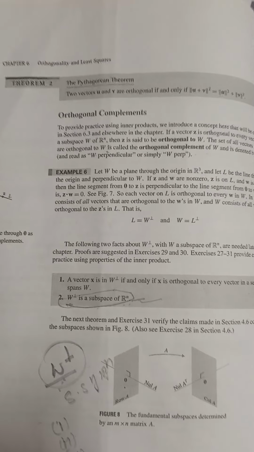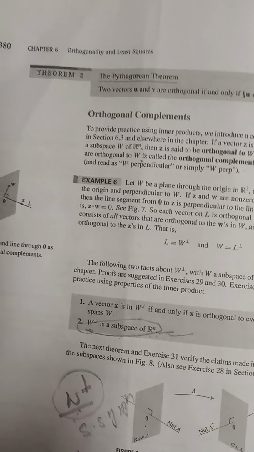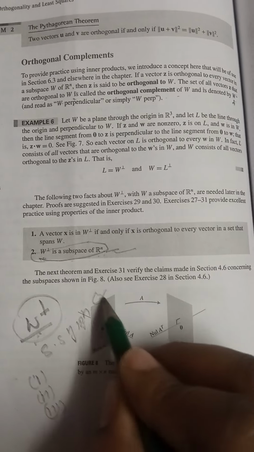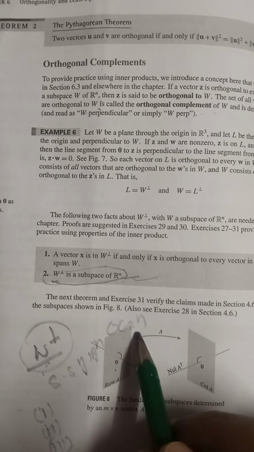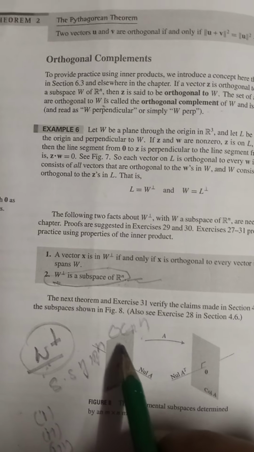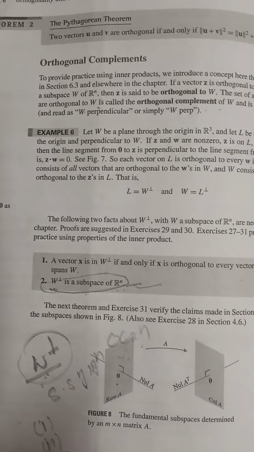Right? Now see, next we have to show that the zero vector in R power n is also in W complement. Now you take the zero vector in R power n. Now 0 is a vector in R power n; is it orthogonal to every vector in W or not?